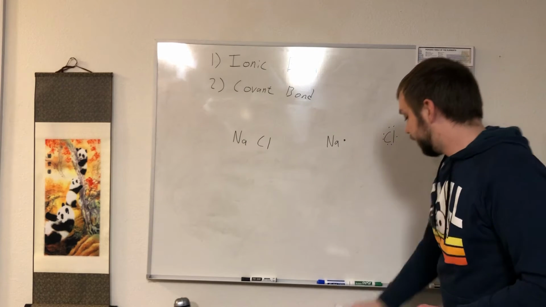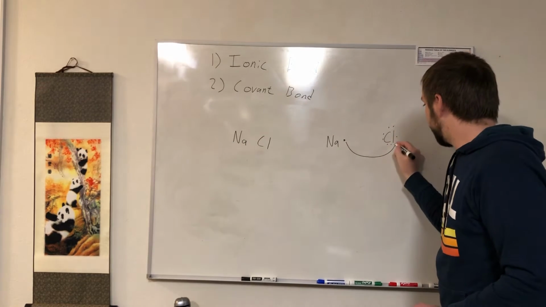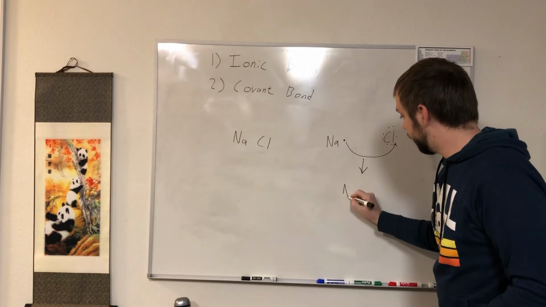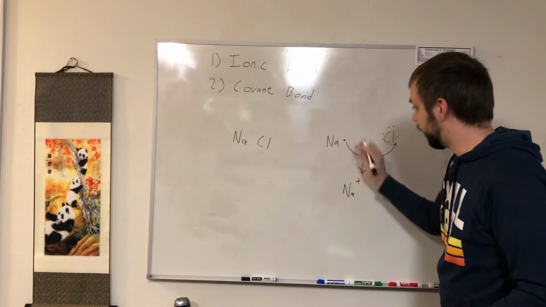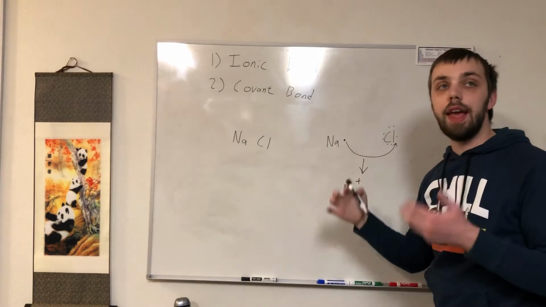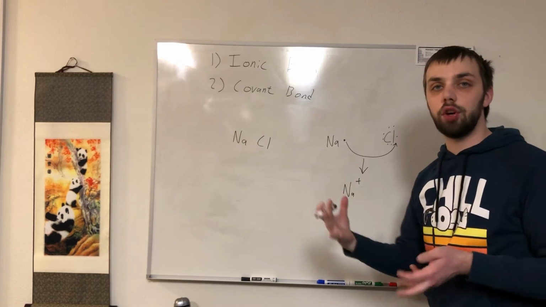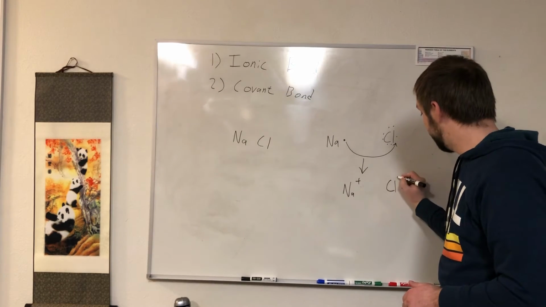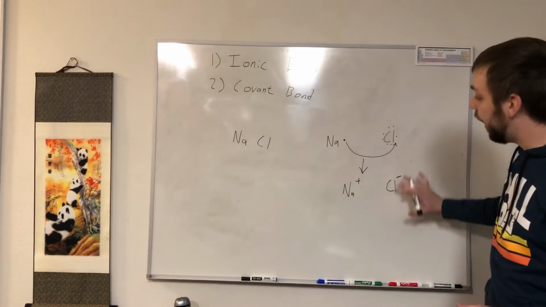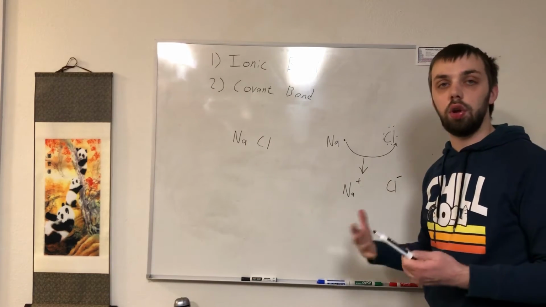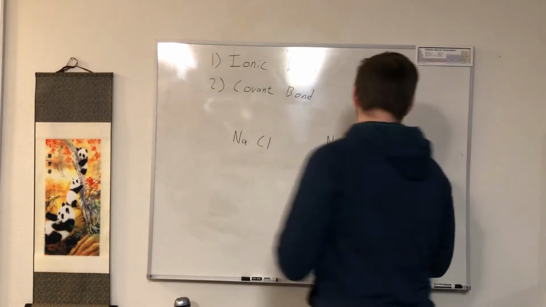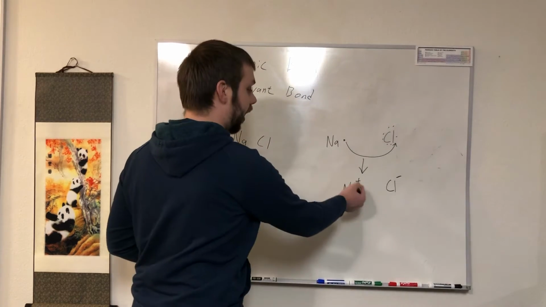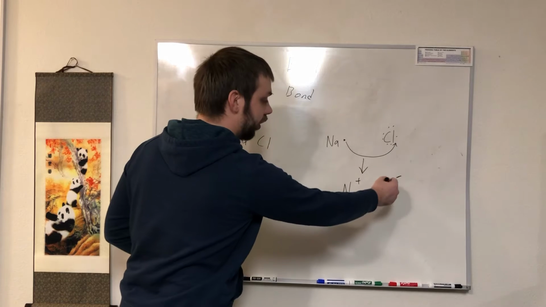So if we take this electron and move it over here, that will give us sodium plus, because it lost an electron. An electron has a -1 charge, so if you lose a negative charge, then you have a positive charge. And that will give us chlorine minus, because it has gained an electron, so it's no longer a neutral chlorine atom. Now we can just look at electrostatics: we have a +1 charge here and a -1 charge here.